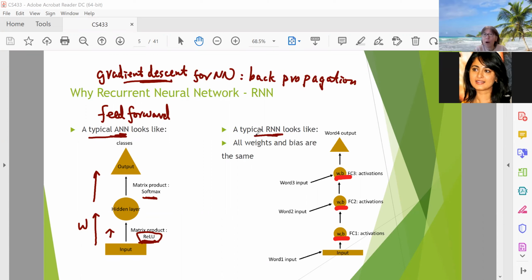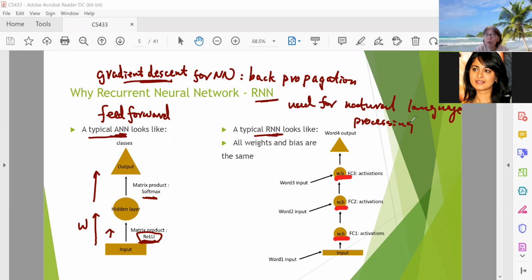Then what does a typical RNN, recurrent neural network, look like? A lot of the time, recurrent neural networks are also used for natural language processing, so anything related to language. In this case, all weights and biases are the same.